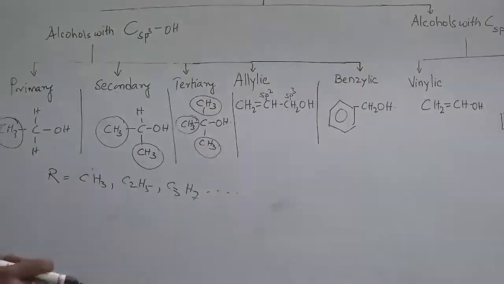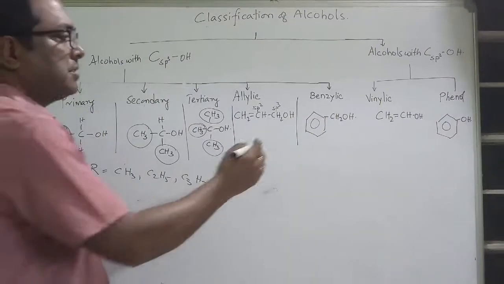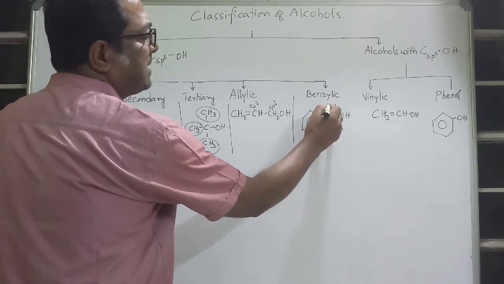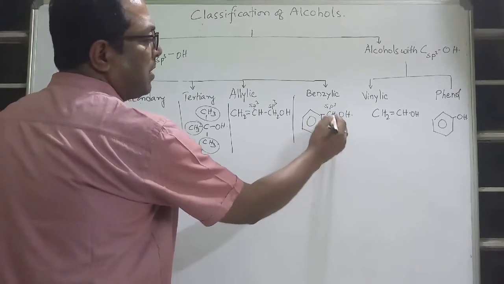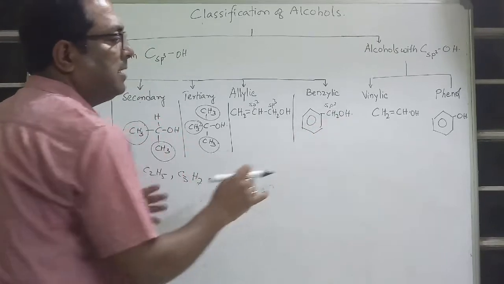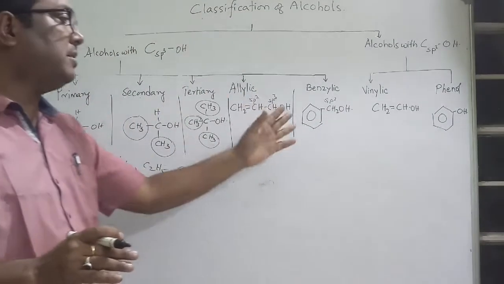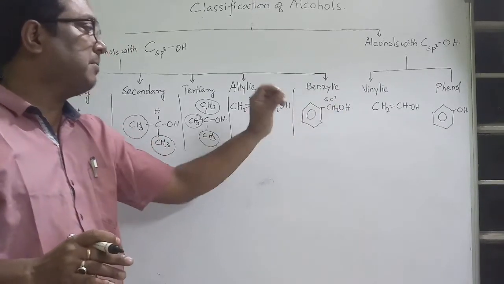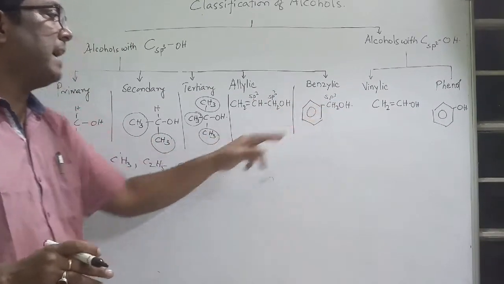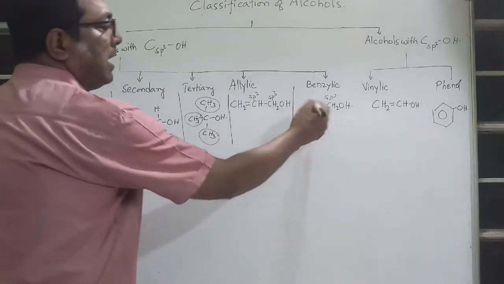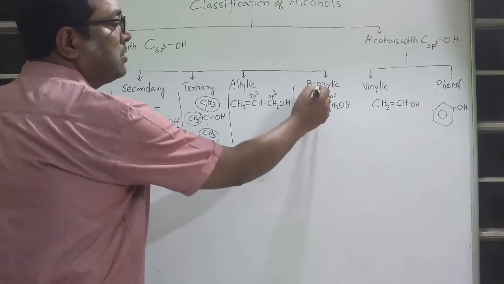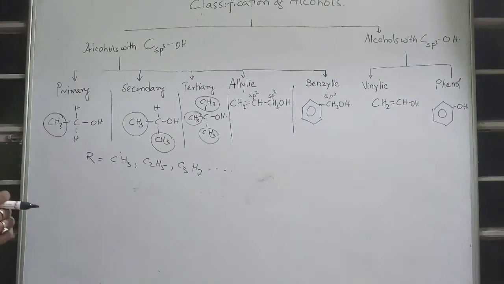Next is benzylic alcohol. This OH group is attached to an sp3 hybridized carbon. Why? Because all four tetrahedral hands of this carbon are satisfied, OH takes one of the bonds, and this is sp3 hybridized, but the other hand is joined with a benzene ring, so we call this benzylic alcohol.